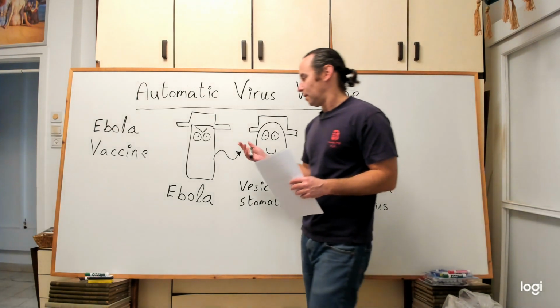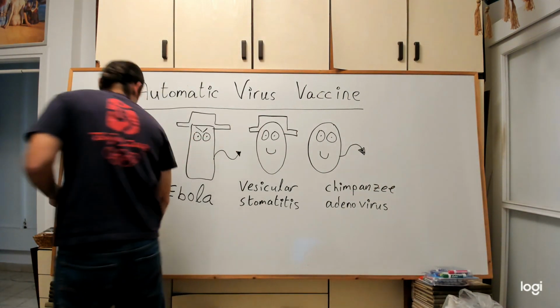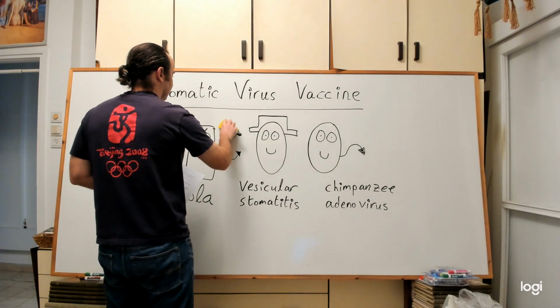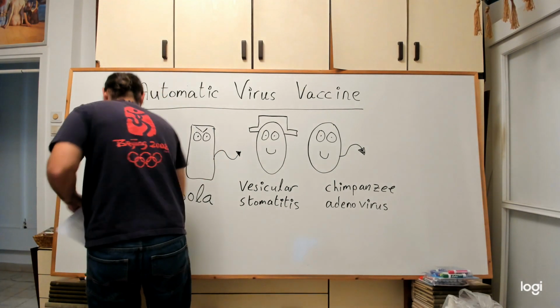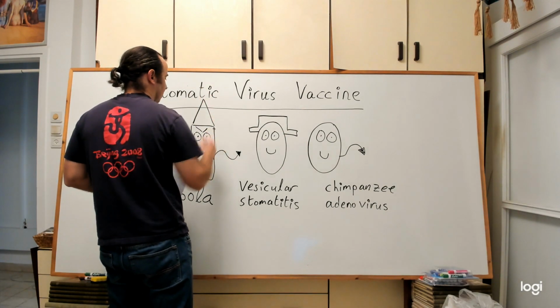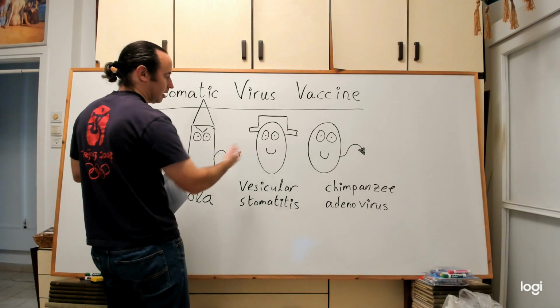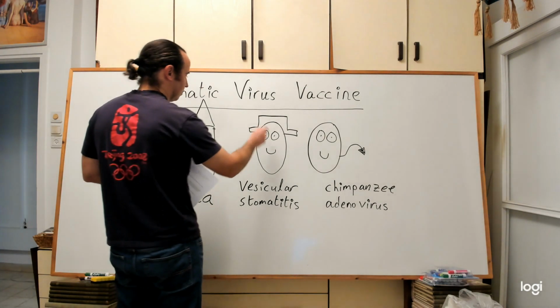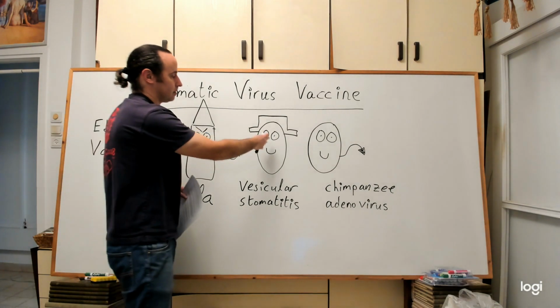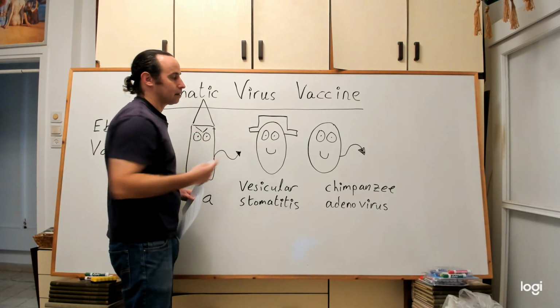Okay, if let's say there is a new mutation, and instead of a cowboy hat, it has a clown hat, then this is now the new Ebola. And this is the vaccine, and it doesn't recognize it anymore.